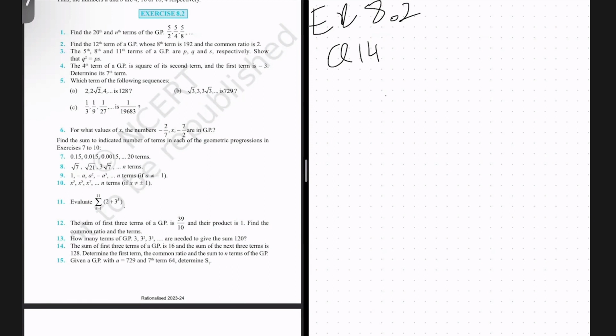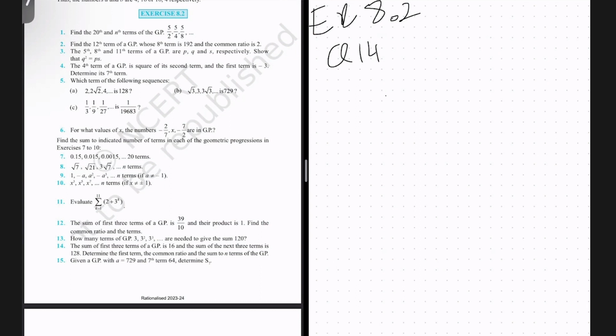In this case, earlier when the product had been given to us, we assumed the 3 terms of the GP in the form of a by r, a and ar, so that it facilitates us to cancel out r while solving for the product, and that is how we find the value of a very simply. But here, the product has not been mentioned. So it does not make any sense for us to assume the first 3 terms as a by r, a and ar.